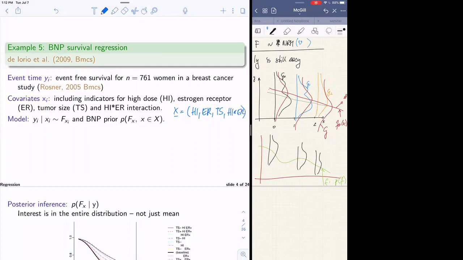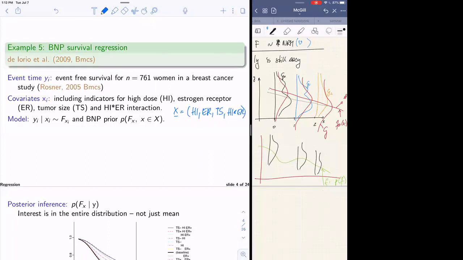So it's like a 4-dimensional covariate, although 2 of them are actually just binary. And for each combination, as we saw it on the title slide, we want to see f sub x. We want to see a distribution of overall survival times.